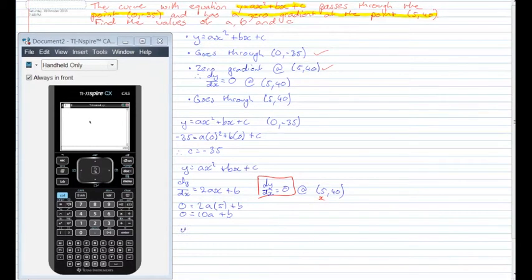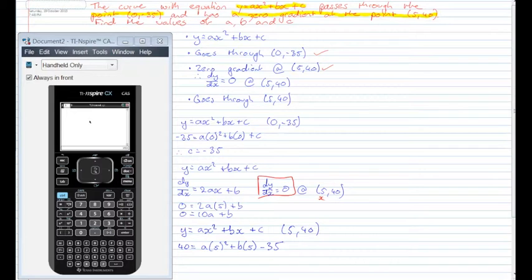So we're going to substitute (5, 40) into the original equation. You've got y equals ax squared plus bx plus c, and because it goes through (5, 40), we'll substitute in those values. You get y is 40 and x is 5. So you get a times 5 squared plus b times 5 minus 35, because we found c before.